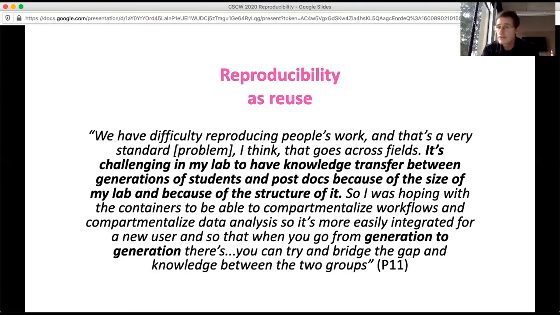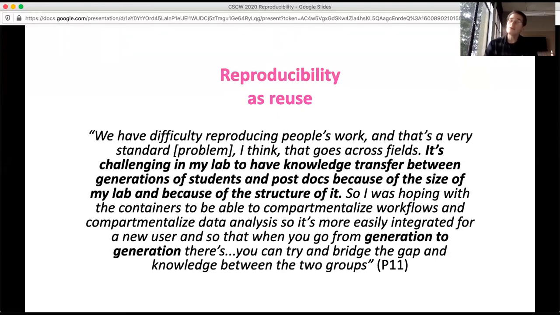And so this understanding came very directly out of the kinds of laboratory and research group environments that these participants were working in. And so this is one of our participants explaining an understanding of reproducibility in this sort of mode. We have difficulty reproducing people's work, and that's a very standard problem, I think, that goes across fields. It's challenging in my lab to have knowledge transfer between generations of students and postdocs because of the size of my lab and because of the structure of it.